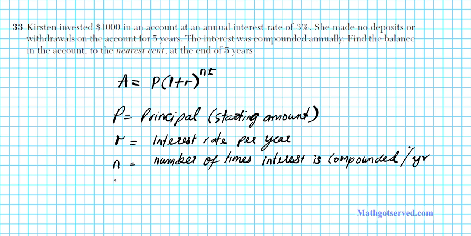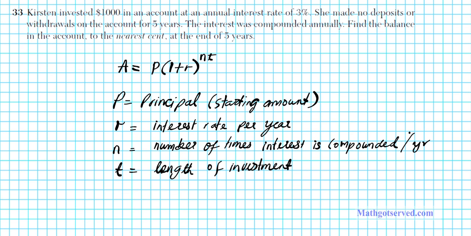And then T is the length of investment, in years. Okay, so let's see. In this problem, let's list all the things that we have. The P, the principal, what you started with, is $1,000.